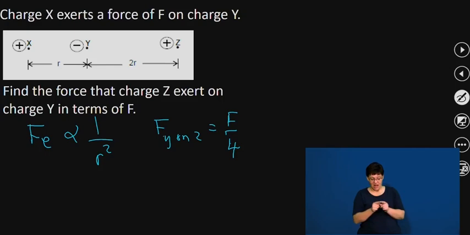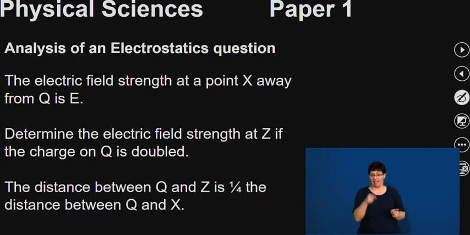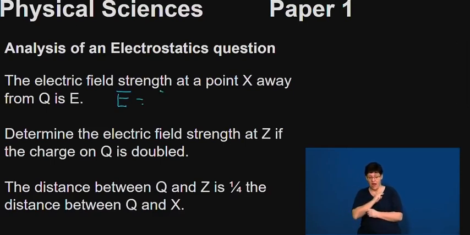As far as electric fields are concerned, vectors are also heavily involved, because electric field at a point is the force experienced per unit positive charge. Take note of the small letter q. It's not the big charge that creates the field. That's actually the test charge.